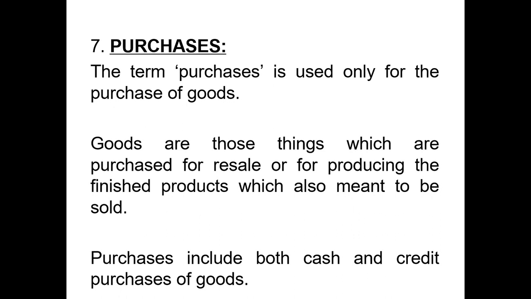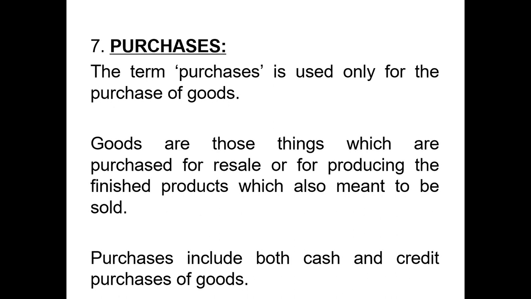So suppose I am a manufacturer of toys, and I am purchasing the stock of raw material for manufacturing toys. The stock of raw material for manufacturing toys would be called purchases when I purchase it.